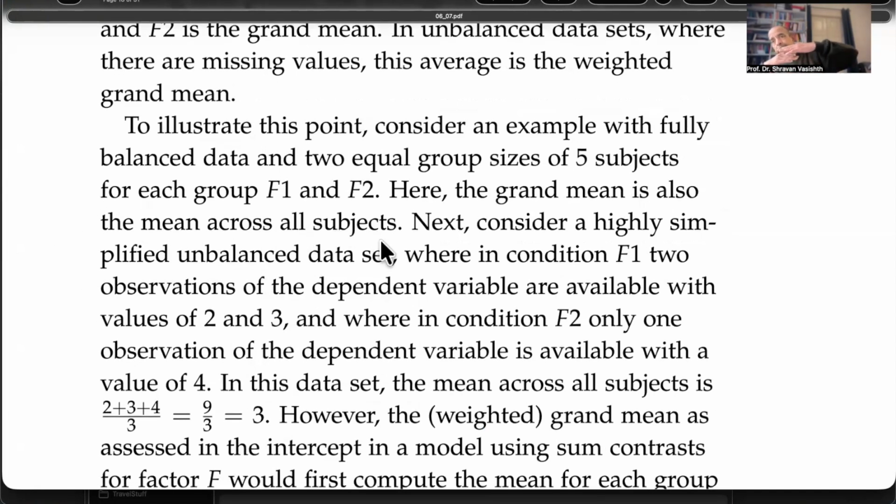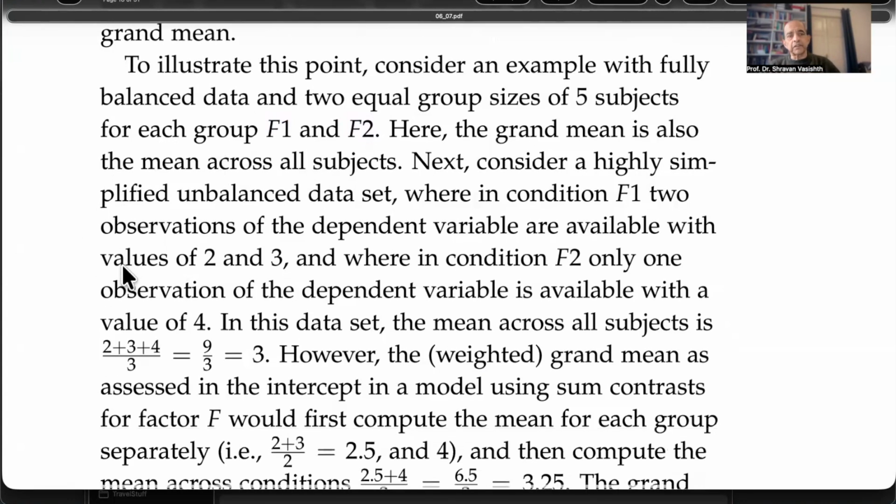Because if you were to take the entire vector of dependent variables and compute the grand mean, that would be the same number as the mean you would get for computing F1's mean separately, F2's mean separately, and taking the average of those two. The average of the averages is going to be the same thing as taking the average of the whole vector. That's in the balanced case.